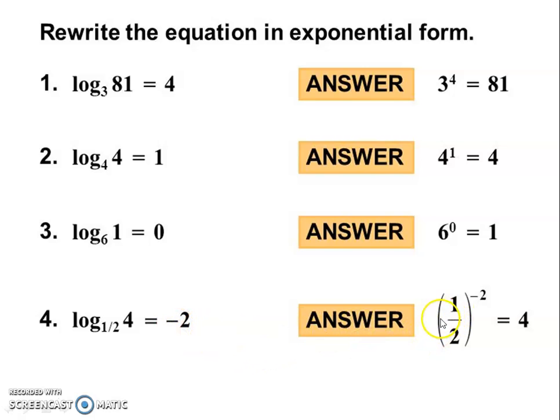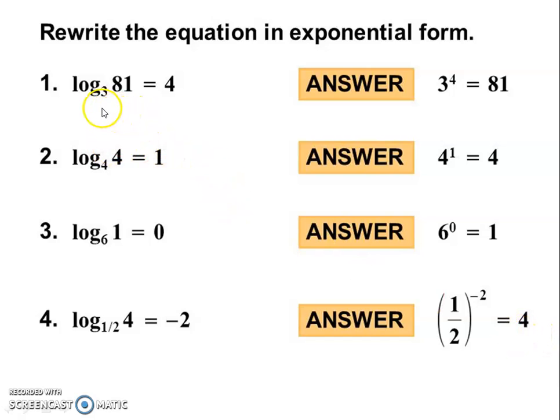The answer is minus 2, which goes to the index, and our number is 4. So 1 upon 2 raised to minus 2: the minus goes to the reverse way, so it is 2 raised to minus 2. I should take the minus sign outside the bracket. So 2 raised to 2 is equal to 4. So we confirm the answer here also.